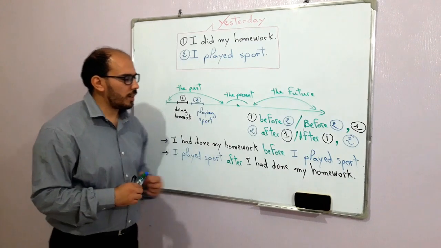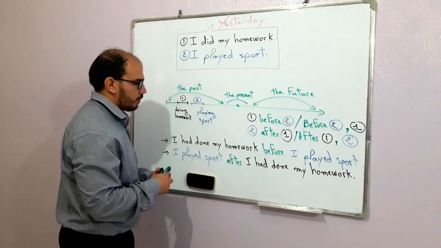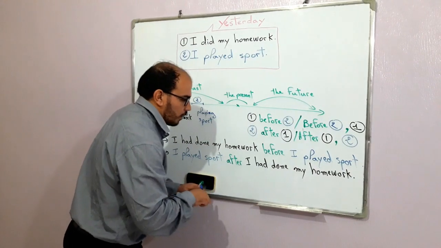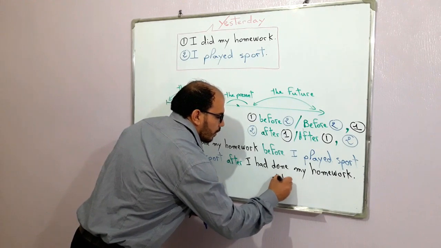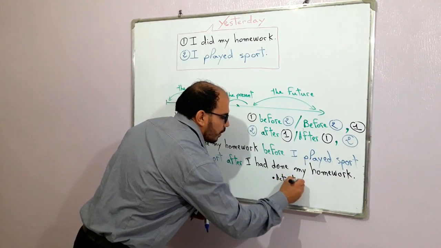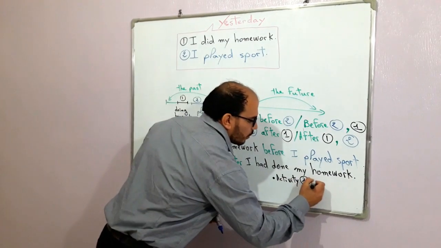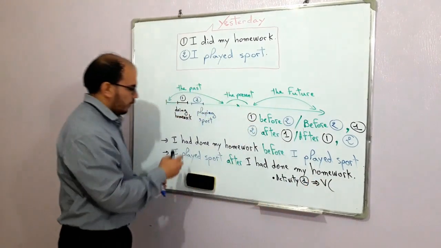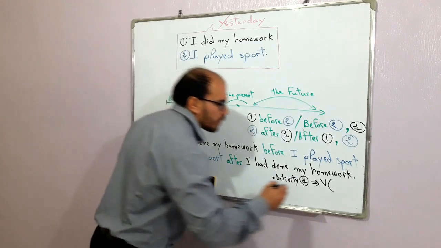One thing to mention here is that when we speak about activity number one, the verb is written "I had done", which means have plus verb in past participle. So this is past perfect.